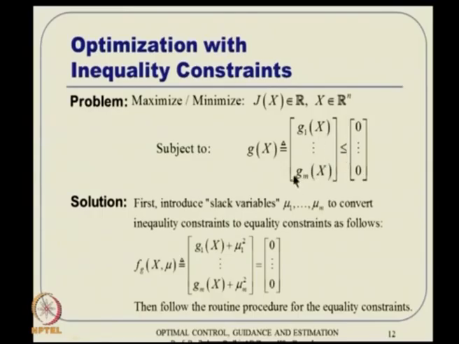The idea was to introduce a set of slack variables mu 1 to mu m and convert these inequality constraints to a set of equality constraints. However, because these are inequality constraints, we do not know how far they are from 0, so we do not know the numbers mu 1, mu 2 up to mu m. We just know that there exist real numbers for which the inequality constraints can be converted to equality constraints. But then there was a necessity of finding out conditions.